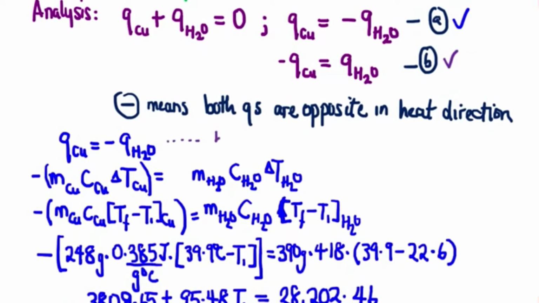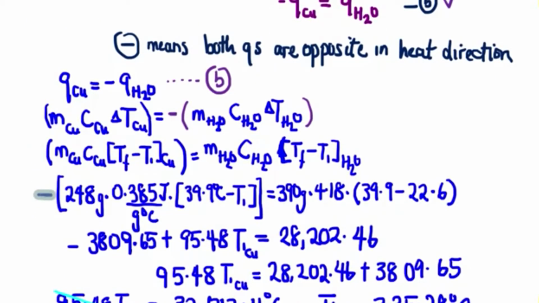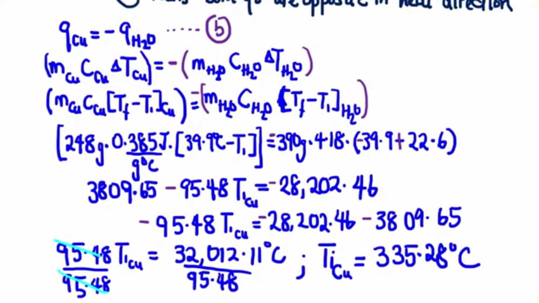Now, if you look at it on the other side, by putting the negative sign on the other side of the equation, we have two negative signs where you move the 3,809.65 to the other side, so you have negative 28,202.46 minus 3,809.65, and that value gives us negative 32,012.11, which is equal to negative 95.48 times the initial temperature.